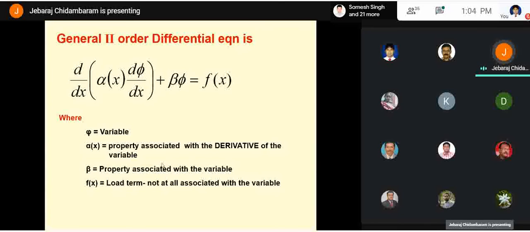What is the equation? Fourth order equation. So your mechanical engineering problem, the beam problem, is fourth order. If you are going to have a shell, it is an eighth order problem.